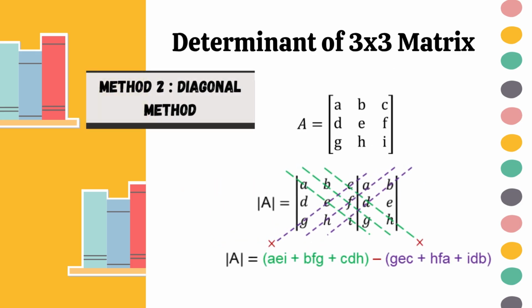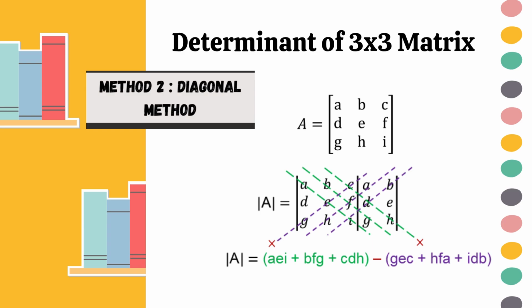The diagonal method, also known as the Sarrus method, is a shortcut used to find the determinant of a 3x3 matrix. This method is simple and visual, and it only works for a 3x3 matrix. To use this method, copy the first two columns of the matrix beside it.